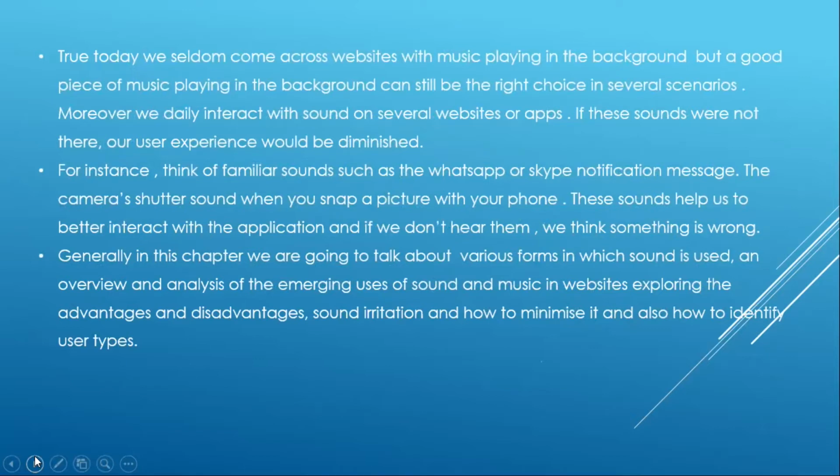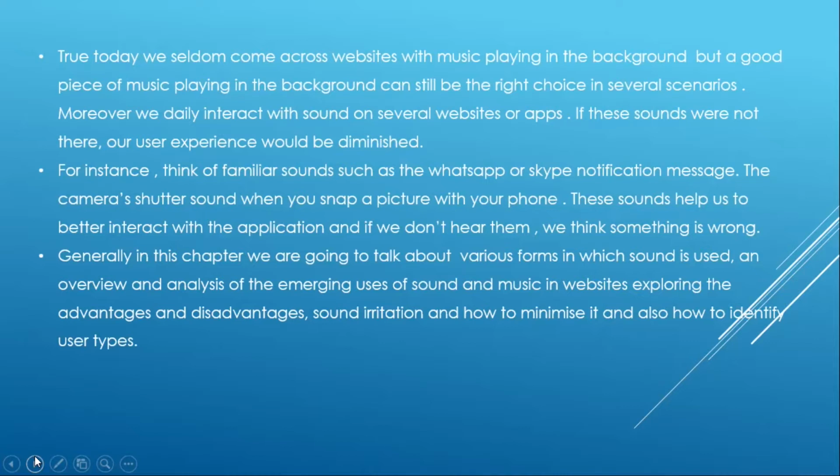But a good piece of music, if you choose the right one, could boost in very different areas. If these sounds were not there, the user experience would diminish, because the ears would have nothing in the website.